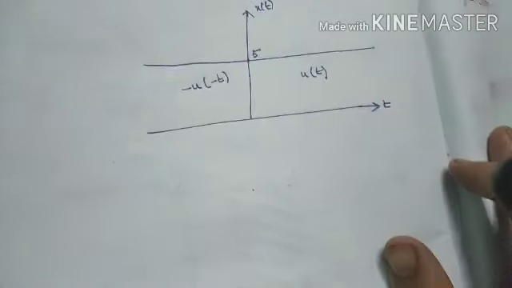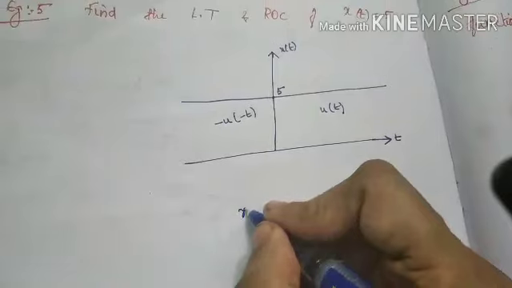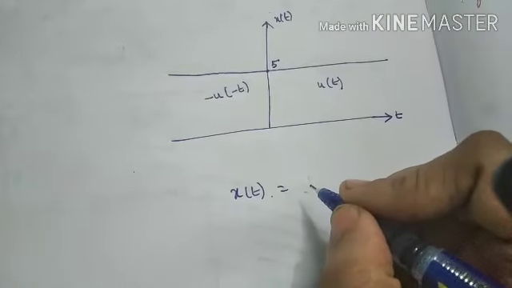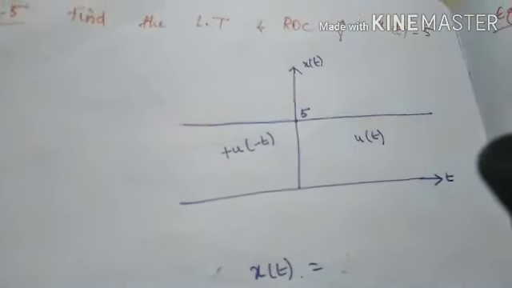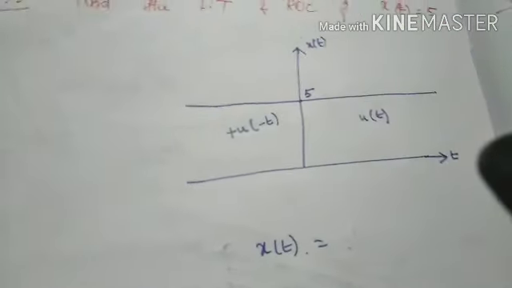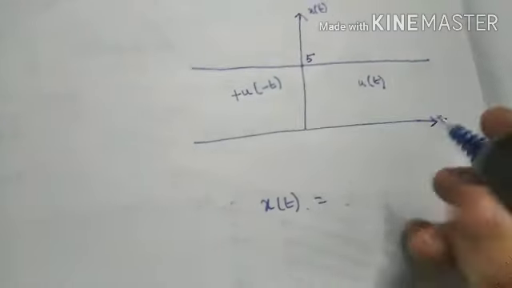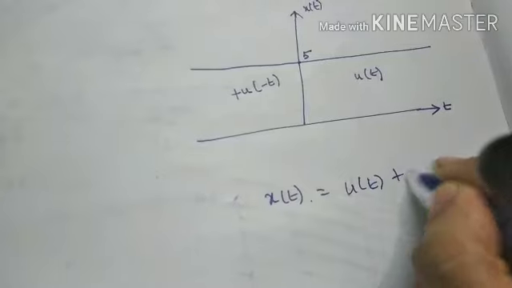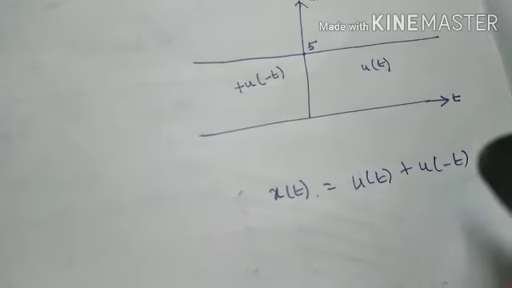So we can write our signal as x of t is equal to u of t plus u of minus t.